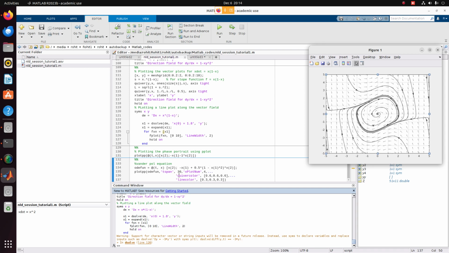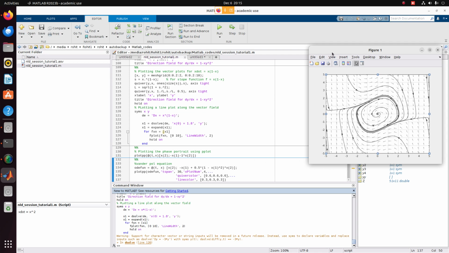And for different initial conditions, here we have given 4, so it takes 4 conditions to plot the values, and it plots the trajectory of the system, how the system evolves. So this is how you can plot the phase plane for a given system.